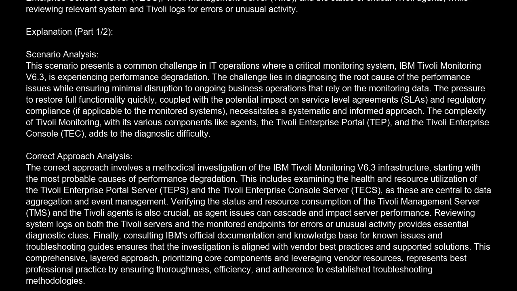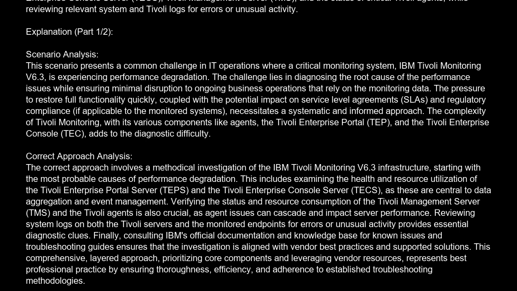This includes examining the health and resource utilization of the Tivoli Enterprise Portal Server, TEPS, and the Tivoli Enterprise Console Server, TEX, as these are central to data aggregation and event management. Verifying the status and resource consumption of the Tivoli Management Server, TMS, and the Tivoli agents is also crucial, as agent issues can cascade and impact server performance.